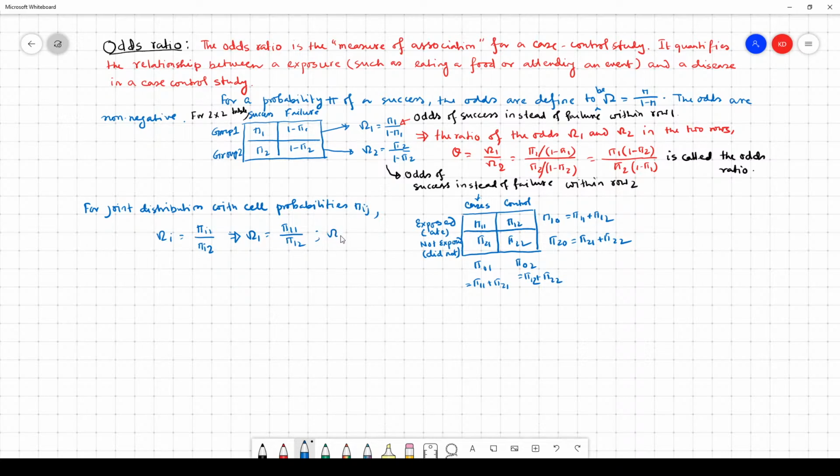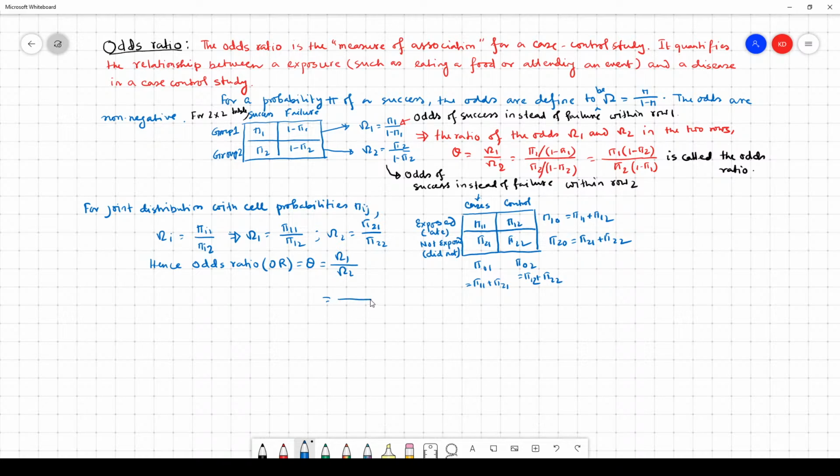And similarly omega 2, which is equal to pi 2 1 by pi 2 2, success by failure under the not exposed group. So therefore the odds ratio, which is denoted by theta, is nothing but omega 1 by omega 2.